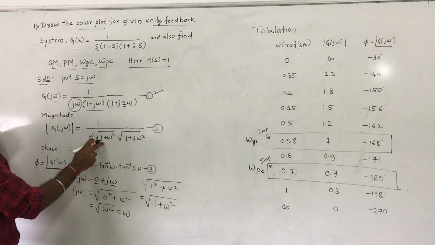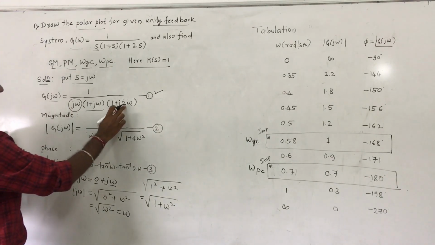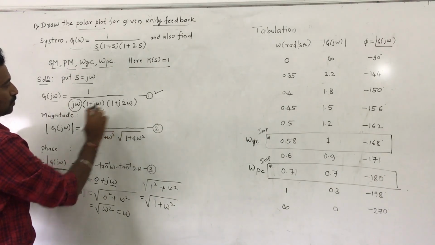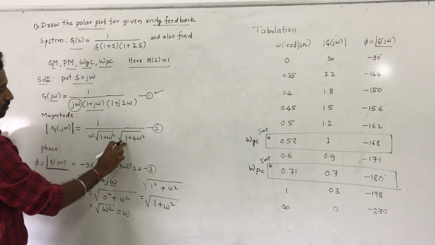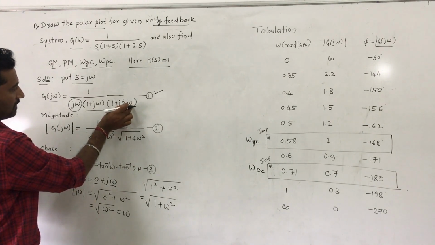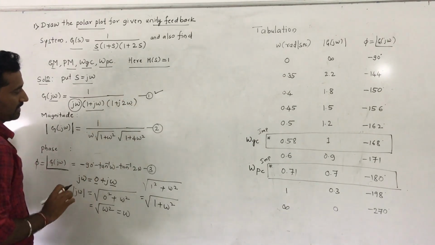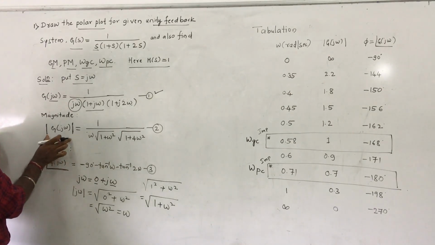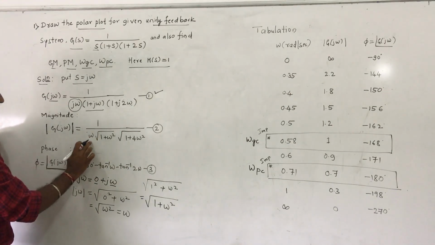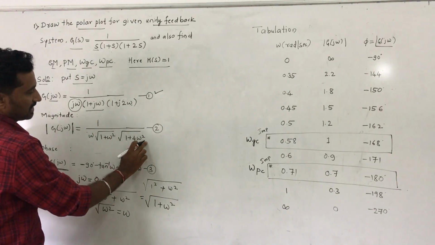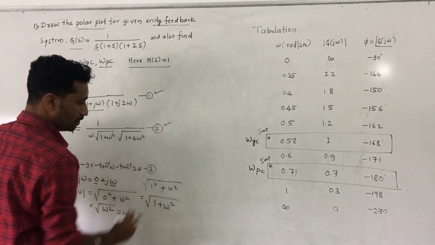Similarly, we find the magnitude of 1 plus j2 omega: real part 1 square plus imaginary part 2 omega, its square is 4 omega square. So the magnitude will be 1 by omega under root 1 plus omega square under root 1 plus 4 omega square. Call this equation number 2.